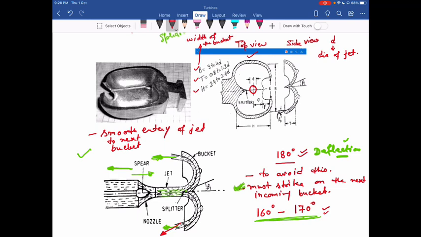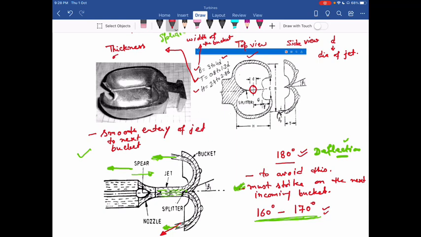So B is the width of the bucket, and that is equal to 3 to 4 times the diameter of the jet. Then the next is T. Now this T is called thickness.